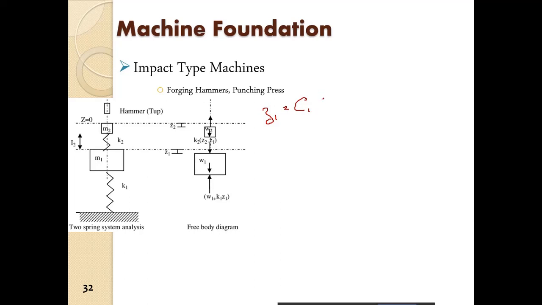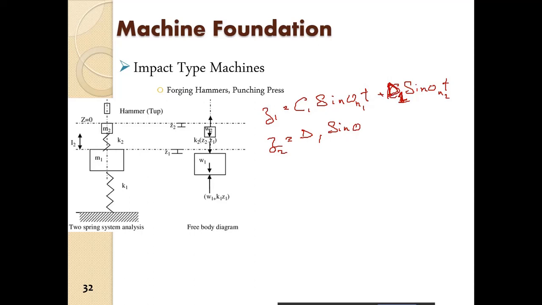c1 sine of omega n1 t plus c2 sine of omega n2 t, and z2 is equal to d1, sorry, it will be c1 and this will be d1.